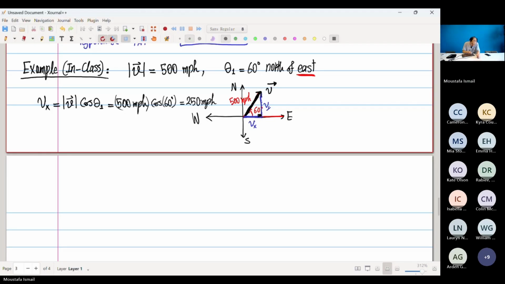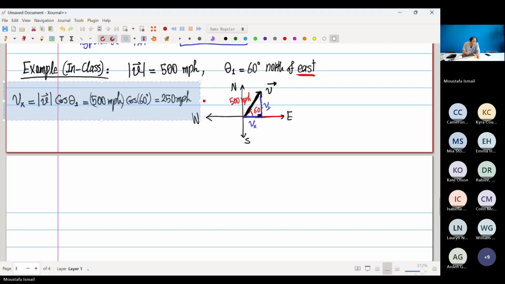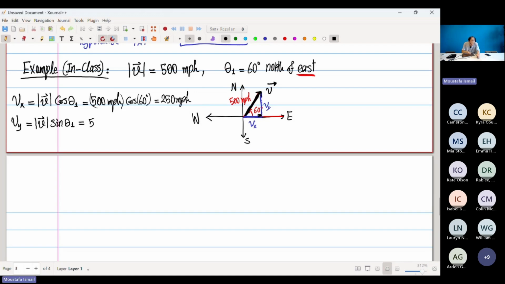Good. Then the y component is V sine theta 1, which is equal to 500 miles per hour sine 60. That is 433 miles per hour.